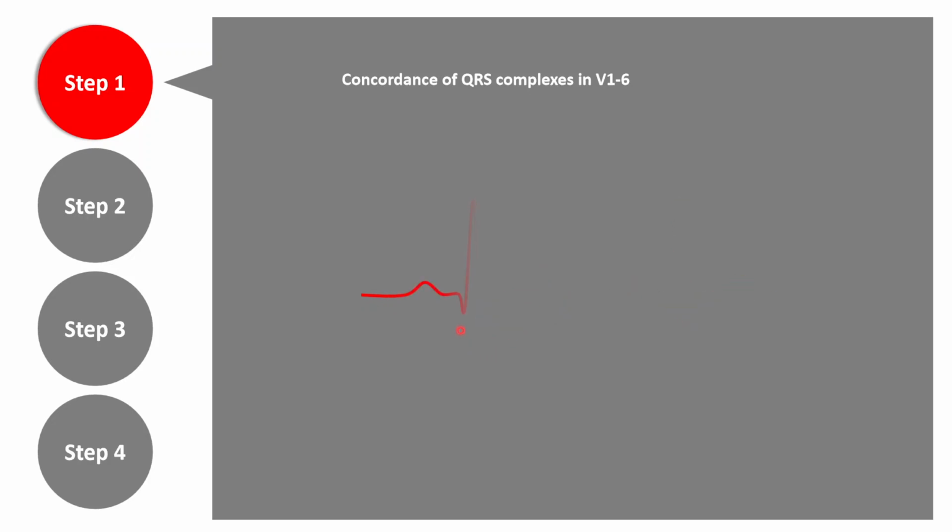The ECG machine is calibrated and programmed in such a way that any electricity that is going towards the electrode is considered as a positive deflection, and any electricity going away from the electrode is considered as a negative deflection. So you will agree with me that the P wave is only above the isoelectric line, and same is true for the T wave. We call this a concordance. Concordant P wave, concordant T wave.